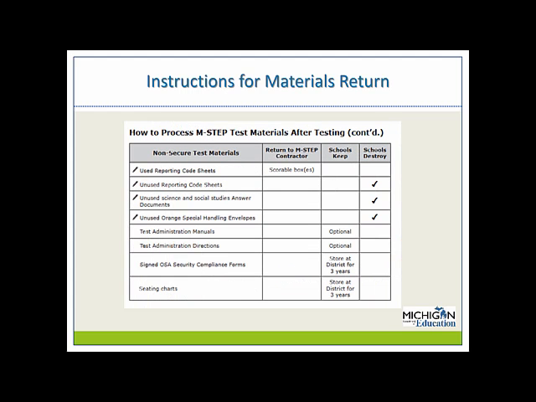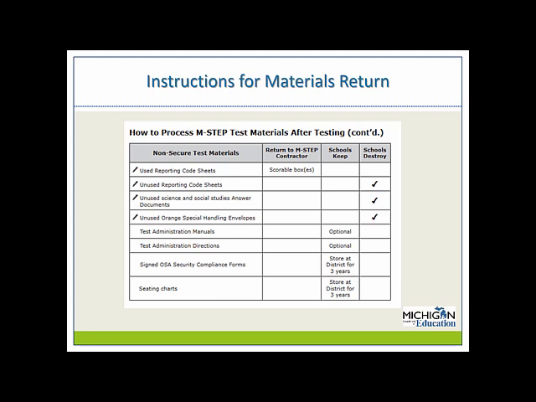You will find the second page of this table on page 82 of the M-STEP Test Administration Manual. This page describes how to process non-secure test materials. Any used reporting code sheets need to be returned to the M-STEP contractor in the orange special handling envelope. However, any unused reporting code sheets can be securely destroyed.